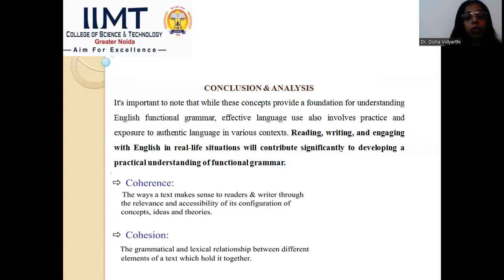That is where the role of lexicogrammar comes in, where the combination of different words and their relationships with different syntax patterns is workable. So how can you enhance your functional grammar? By using those rules, those patterns of that language in real life situations. It is not just that on pen and paper you have written everything and then you are well versed in that language.